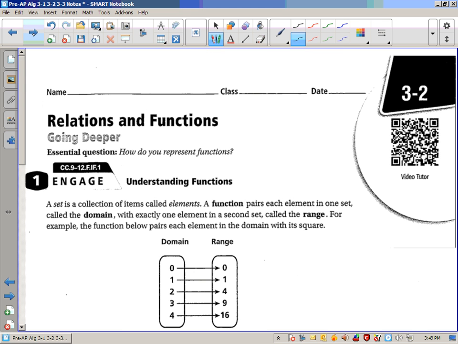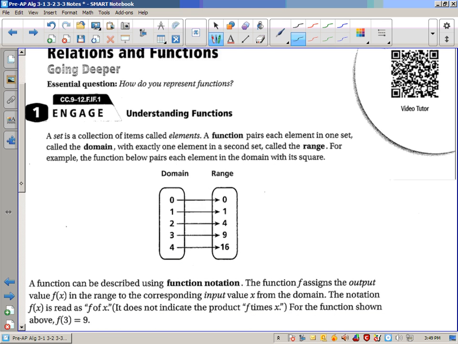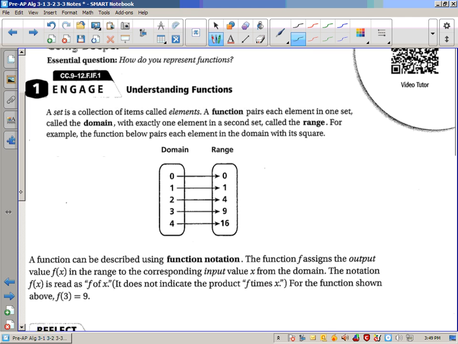Now in section 3.2, we're going to continue to talk about relations, but we're going to start the conversation of what makes a function a function. In the last section we were talking about what we call sets, a collection of items. But most of what we were talking about had some kind of unit of measurement in relationship to time.